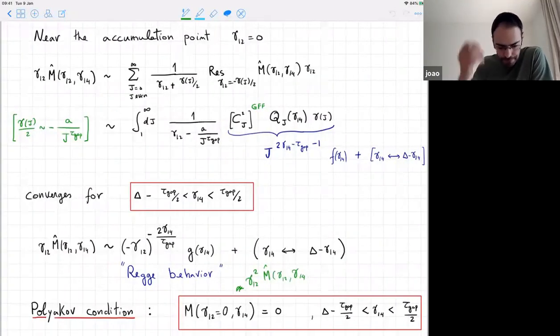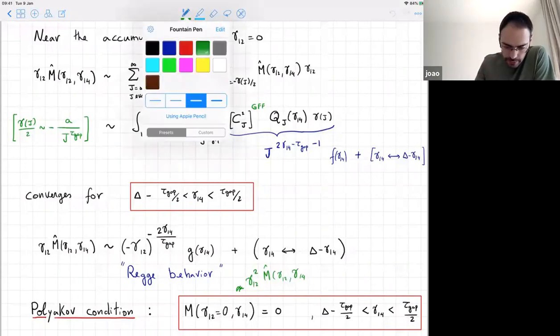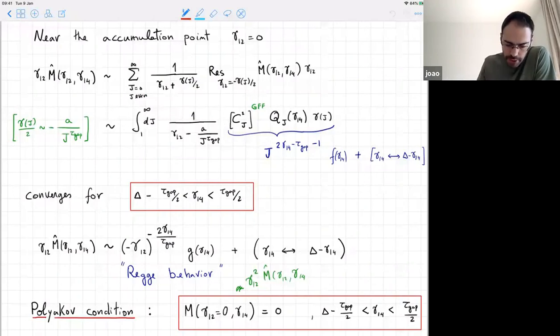Let me start here, for example. In this equation, in principle, there are more contributions. The contributions I wrote explicitly were the contributions from the poles that accumulate at the point I want to study. Of course, there are poles at finite distance away, right? There are lots. That would be a finite, regular piece for M hat.